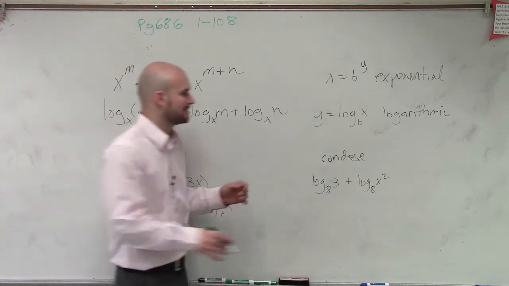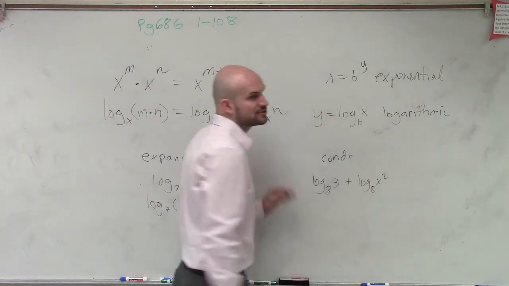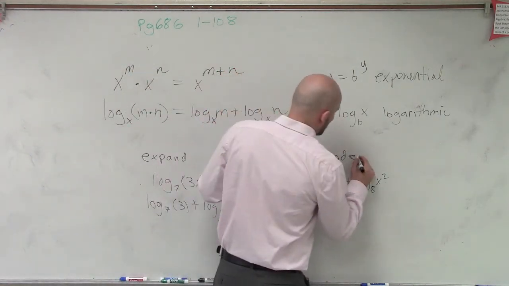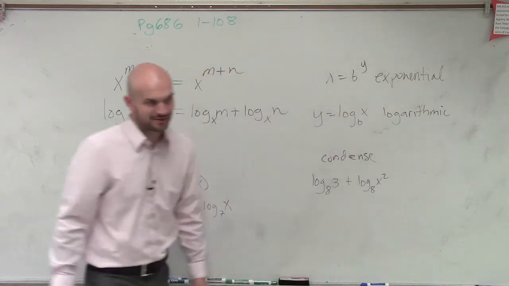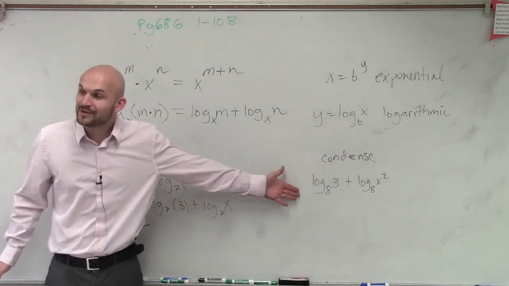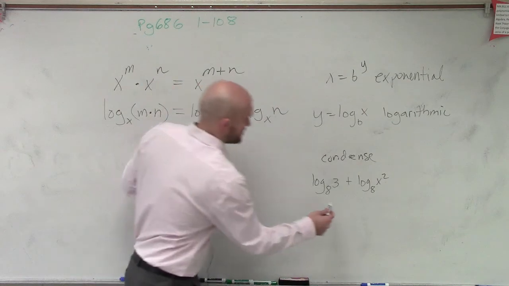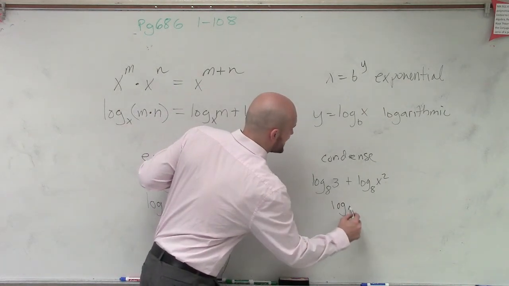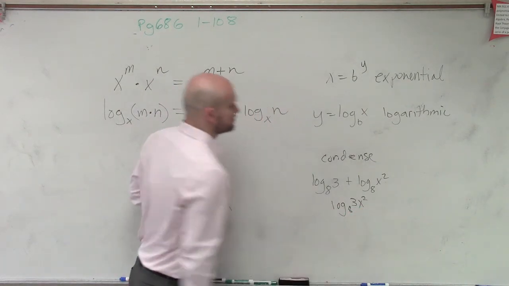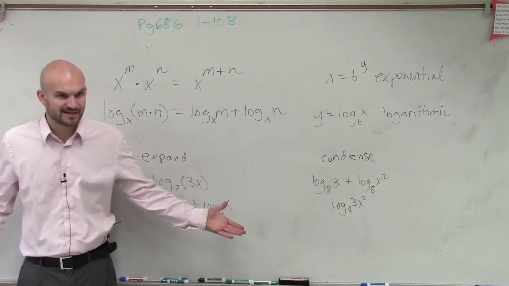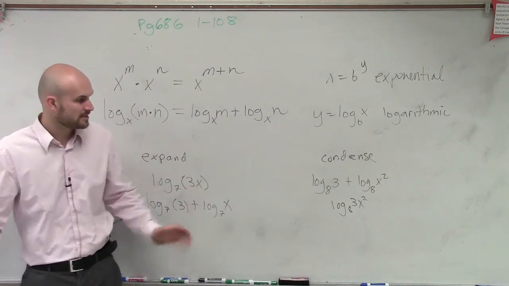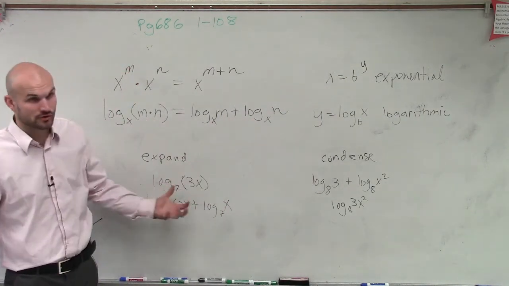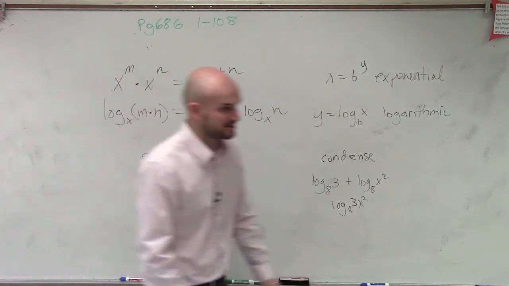So yes, we can go ahead and simplify this. Log base 8 of 3x squared. Is that pretty basic enough for you guys? So you just need to know how to apply these two rules. That's for product.